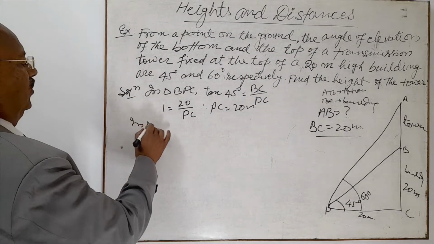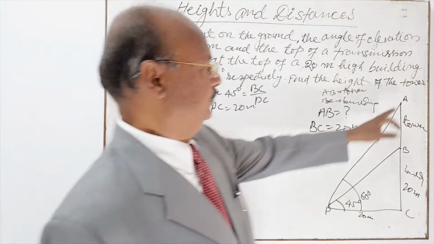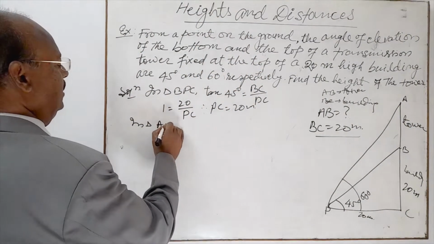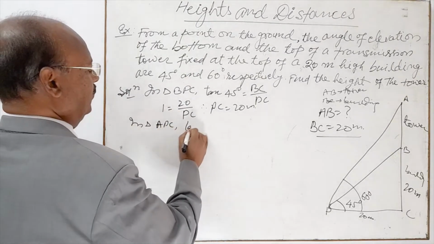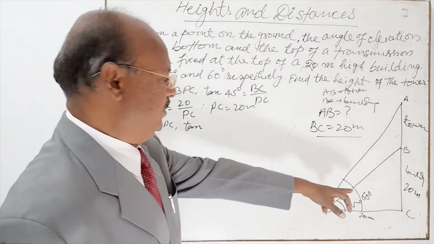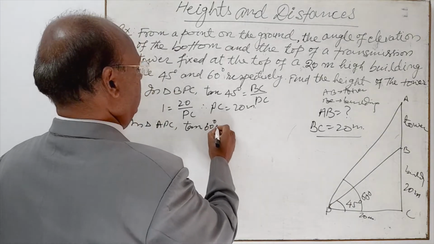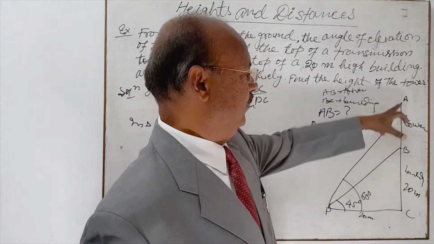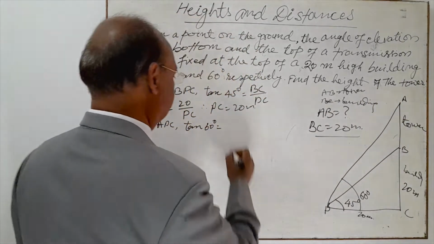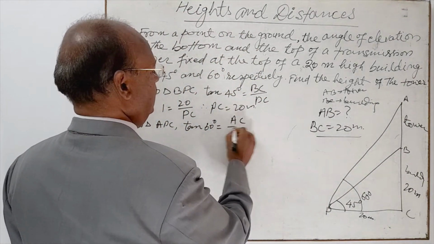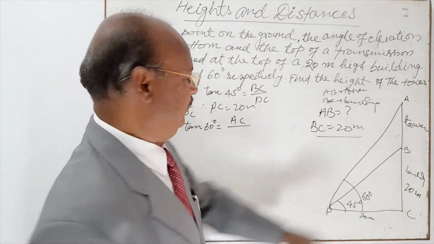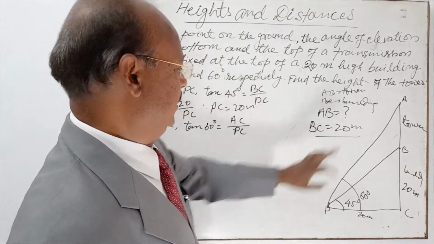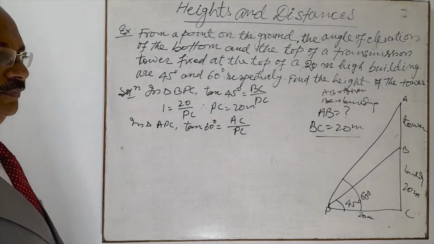Now in right angle triangle APC, tan of 60 degrees is the perpendicular AC over the base PC, which remains the same, 20 meters as we got just now. Clear?